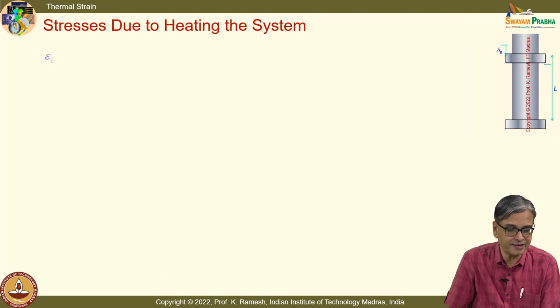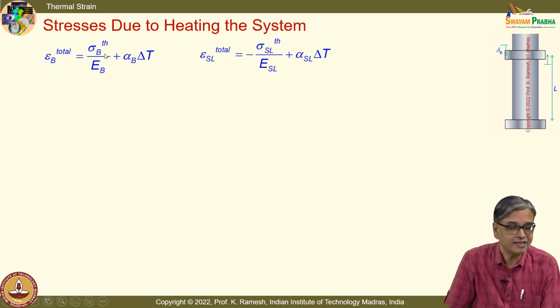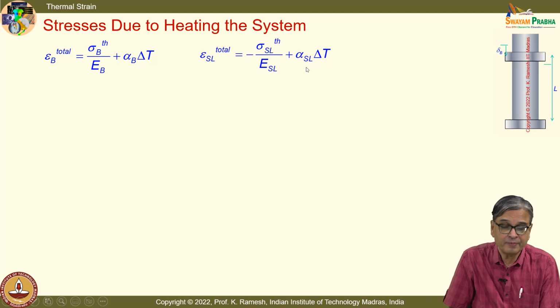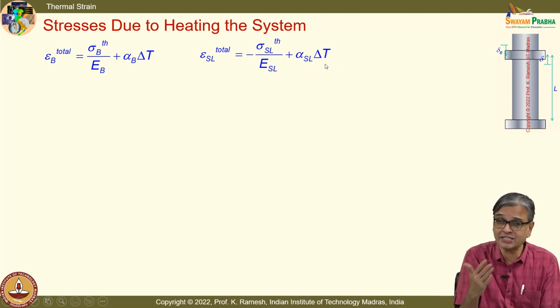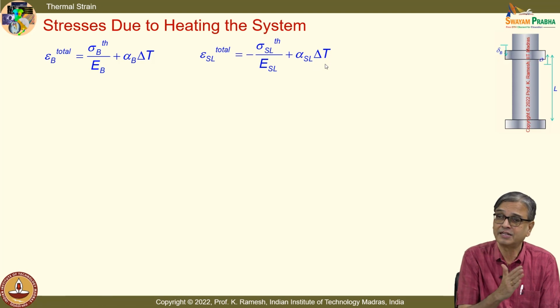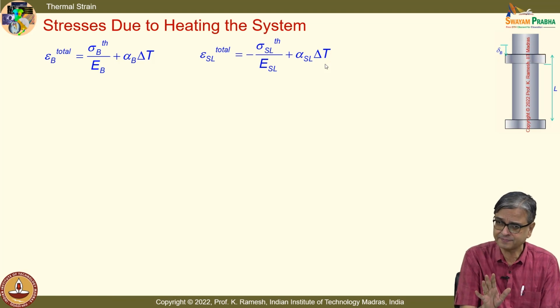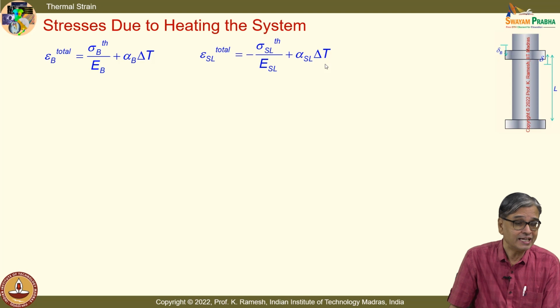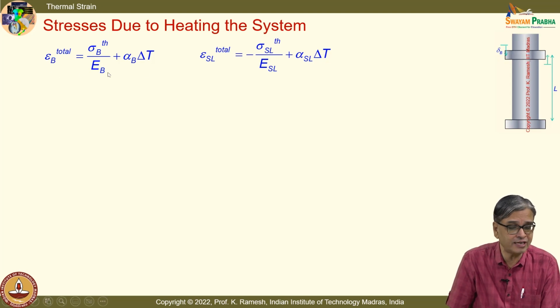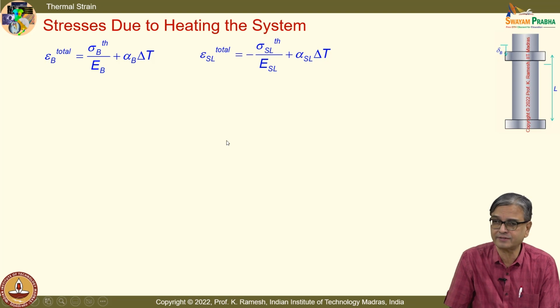And we have already seen that epsilon B total is like this, it is tensile, and for the sleeve, see this is compressive, you must bring in this minus sign here. See, the net strain is tensile, but it has a component from stress which is compressive, but the elongation due to temperature is much larger than this. So, the addition of these two finally gives only tensile strain, and from the geometry, epsilon B total should be equal to epsilon SL total.